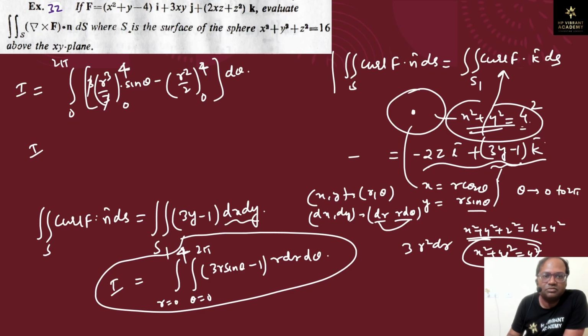So this is equal to 64 sin theta minus 4 square upon 2, which is 16 upon 2, that is 8, d theta, from 0 to 2 pi.